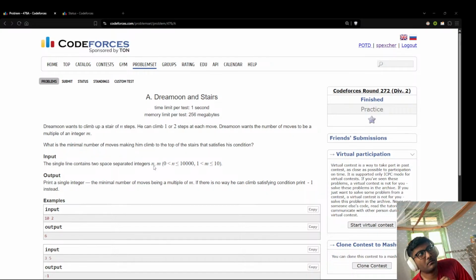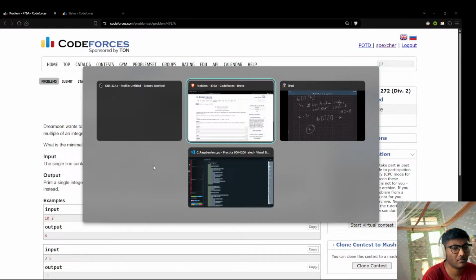Can I say that I have to find the distance of x from the nearest multiple of m, and then I can probably find the difference as ceiling division by 2? That will probably work. It's not like I have to do it for every case. Do I? Let's try.